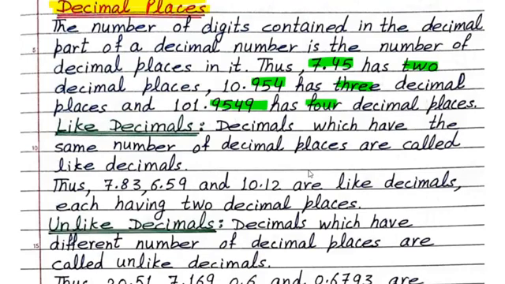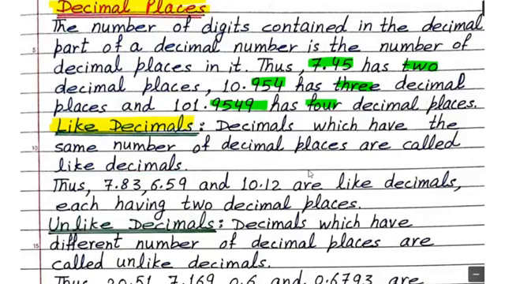Is it clear? Now children, let us discuss like fractions. Sorry, like decimals. Now what are like decimals? Decimals which have the same number of decimal places are called like decimals.